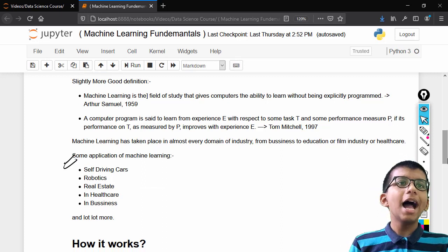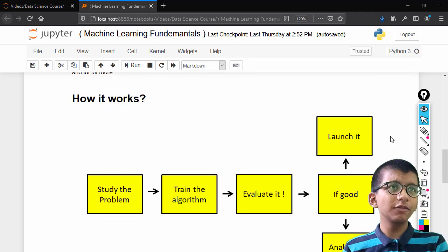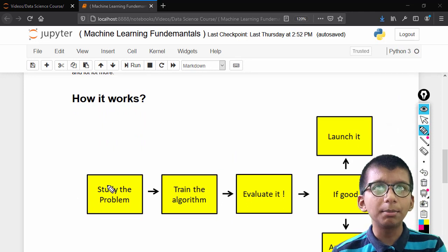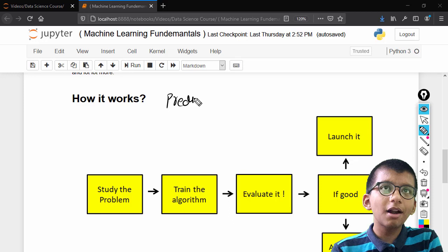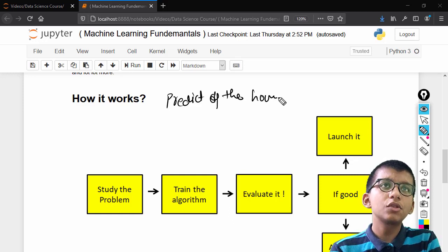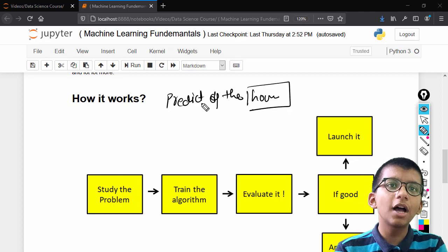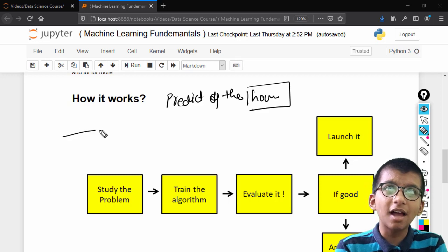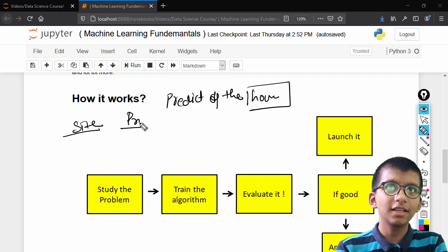Okay, how does machine learning work? First of all, we study the problem. Let's say our problem is to predict the price of the house. We have to predict the price of the house based on the size of the house. We will be given the size and you have to predict the price.